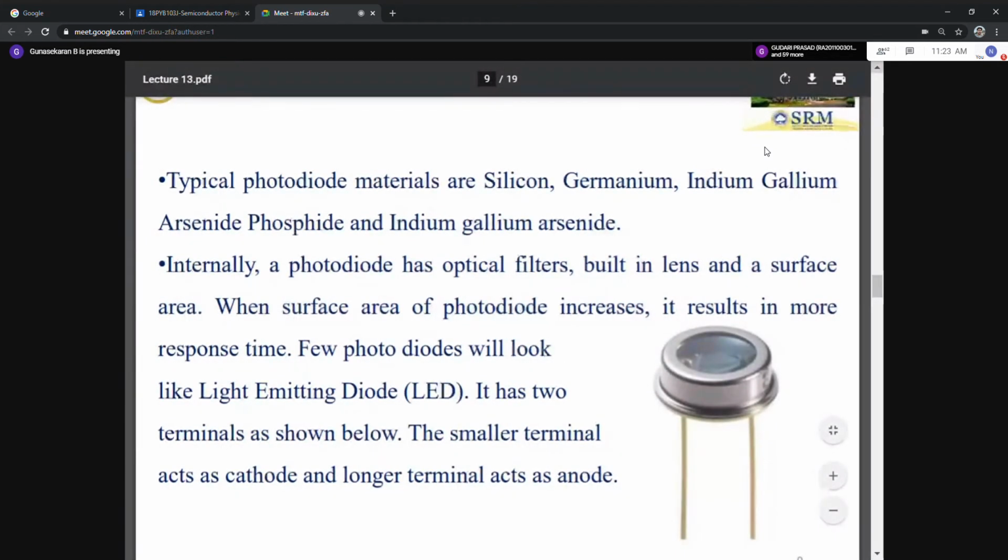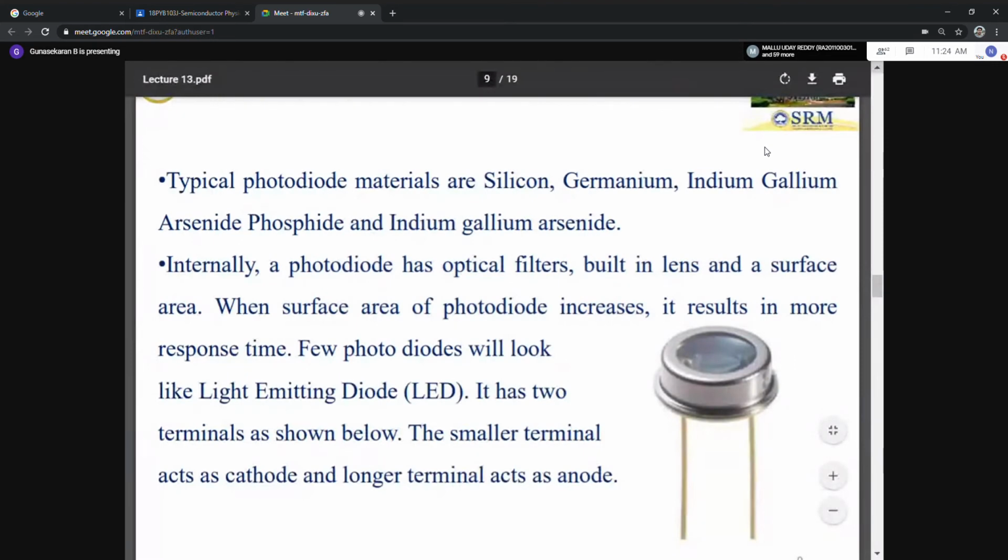That depends, and it gives more response time. More and more photons strike as the area increases. Definitely the light energy striking the surface also increases, so the number of photons that strike also increases. That is the concept.